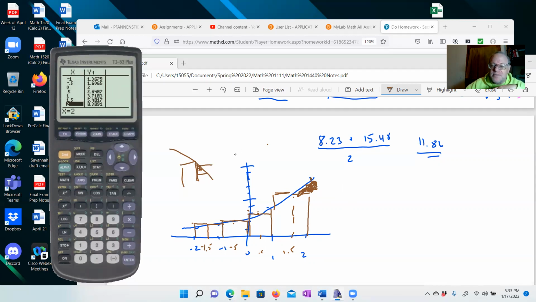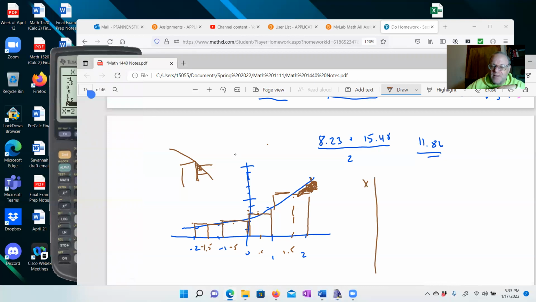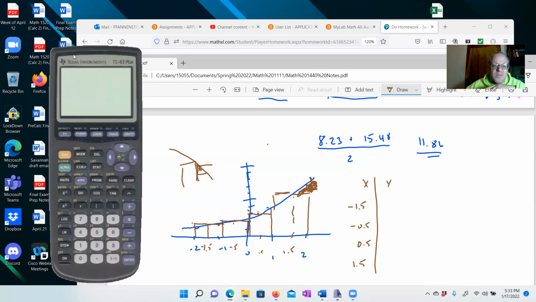We have our x, we have our y values. So we have negative 1.5, negative 0.5, 0.5, and then 1.5. Okay, that's what we're doing. Notice in my table I went with the negatives because I put in my values when I did my little table setup.